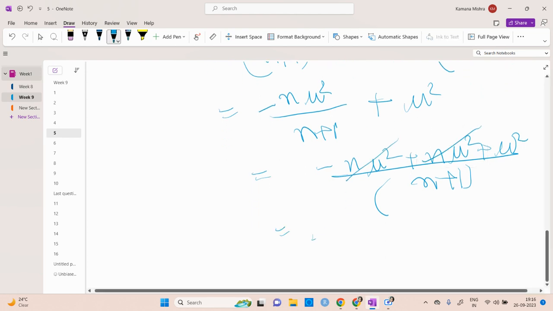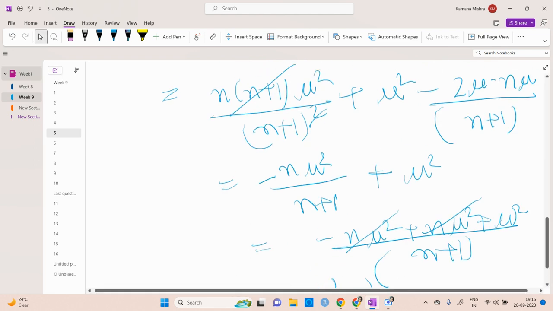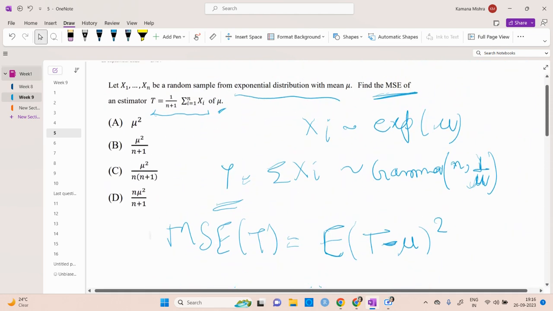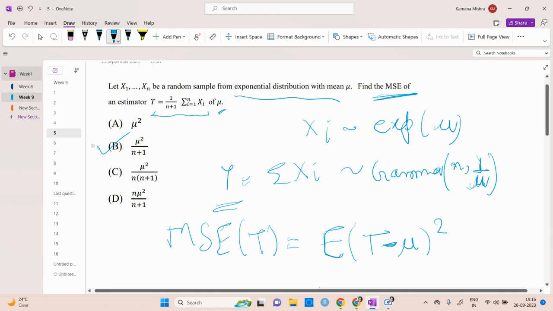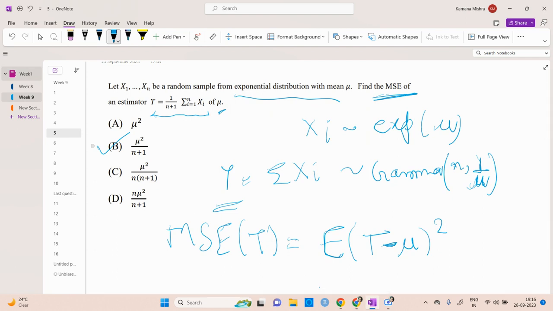So the answer will be mu square divided by n plus 1. So this is the mean squared error. So this is how much it is deviating.